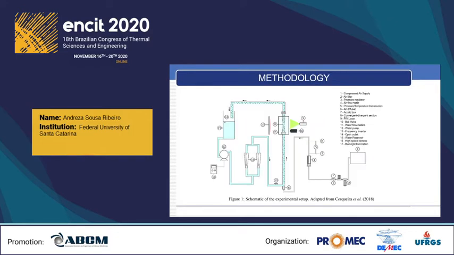This figure shows schematically the experimental setup. The water flow rate is measured by two flow meters. The liquid phase flow rate is controlled by a frequency inverter connected to the electric water pump motor.